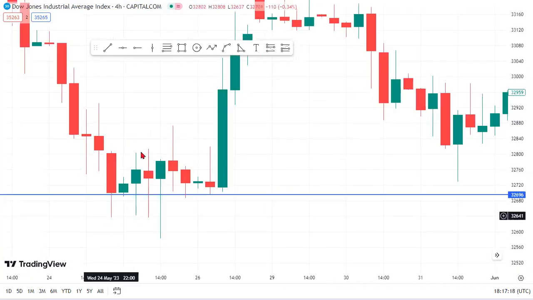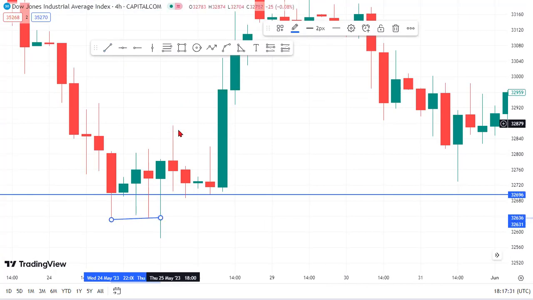It came down pretty low, came back down, supported, and took liquidity here. Came back down, created a high, came down, broke.